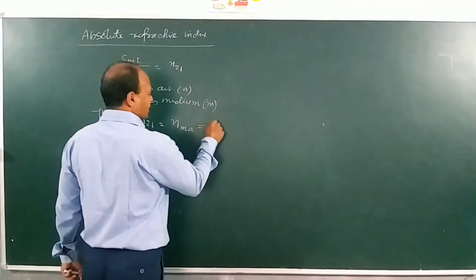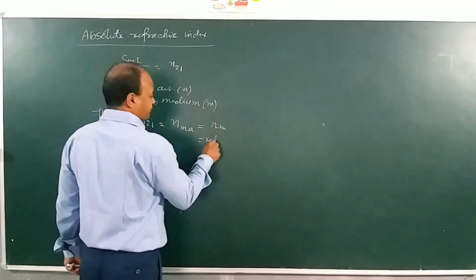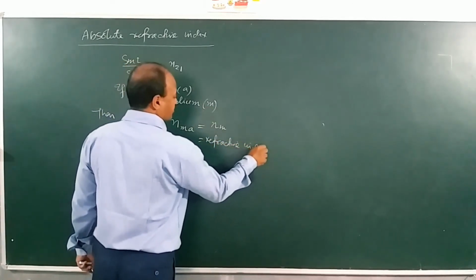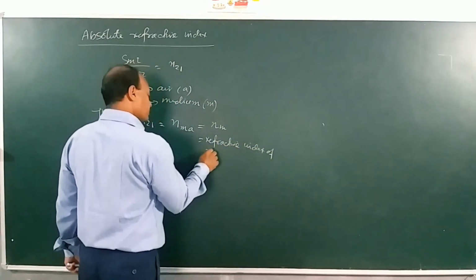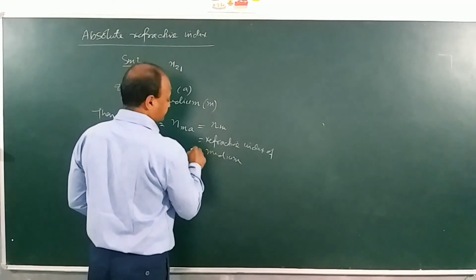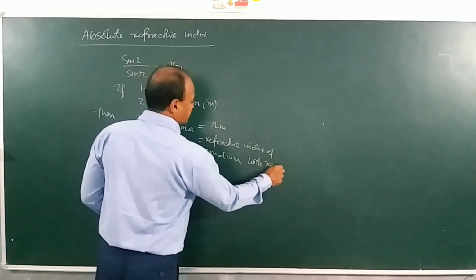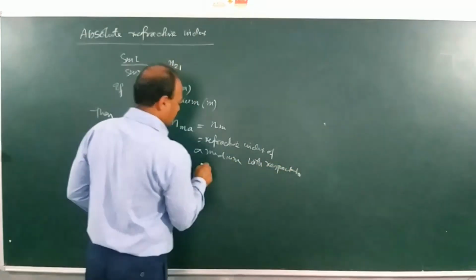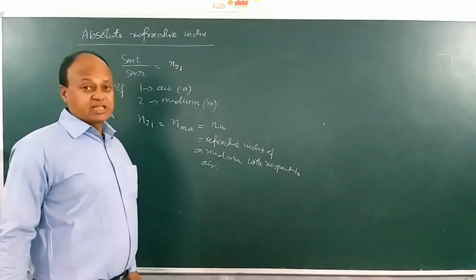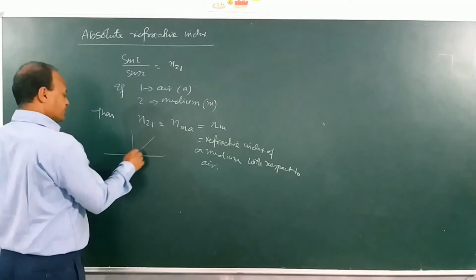I can say Nm, meaning refractive index of medium, a medium with respect to air. So for example, look at this situation. This is medium 1 and this is medium 2.